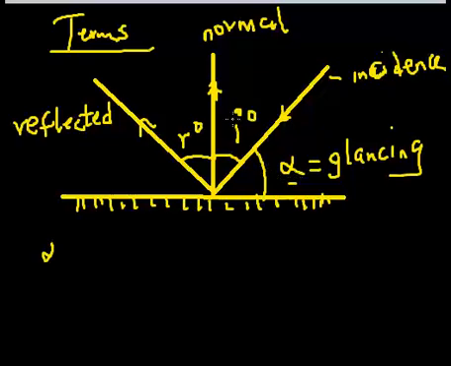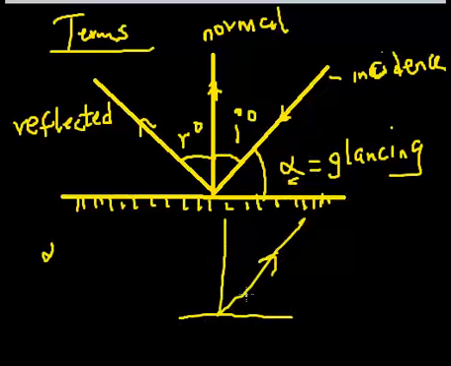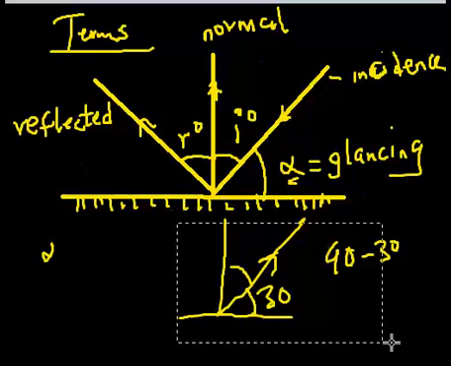Let's say the angle of incidence is 30, then the glancing angle is simply 90 minus 30. Please take note of that. The glancing angle is the angle that the incident or the reflected ray makes with the surface of reflection.